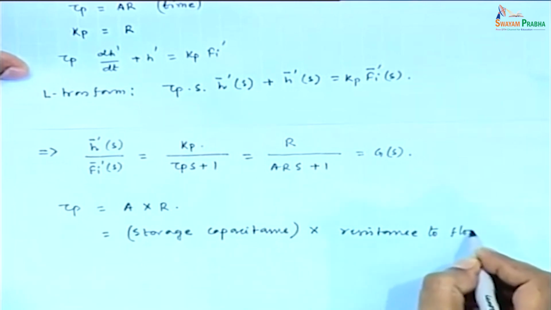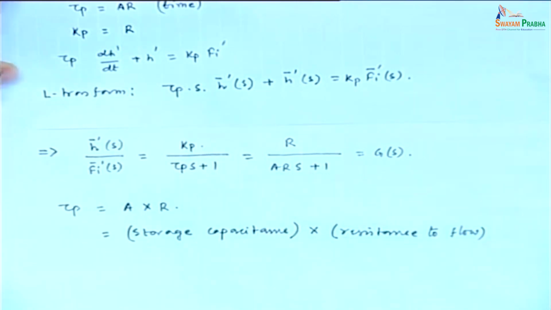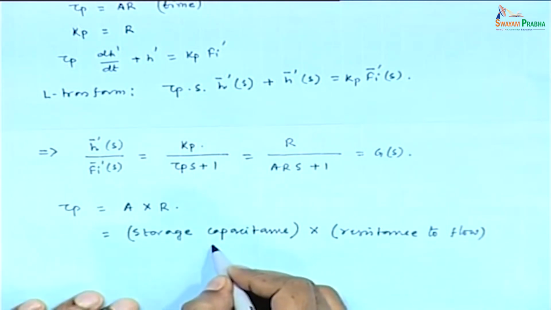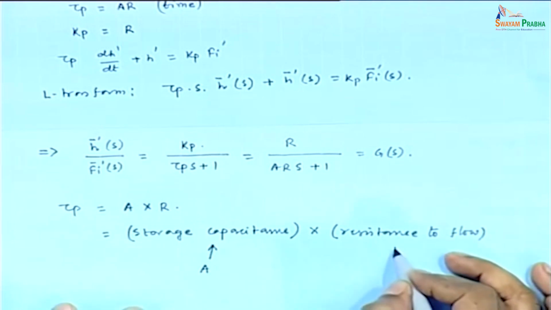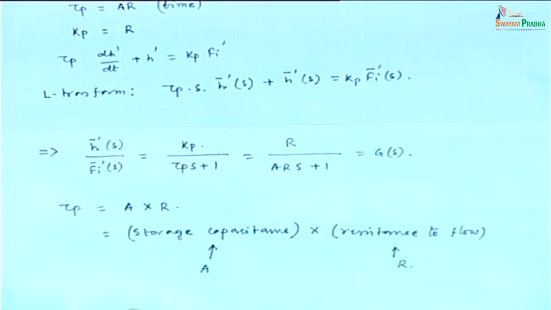The capacity to store mass is measured by the value of area A, and this is obviously resistance R.